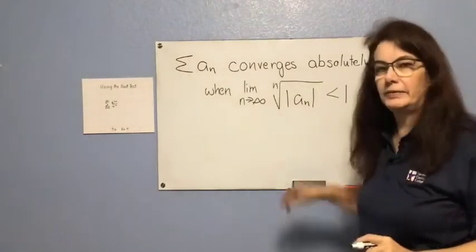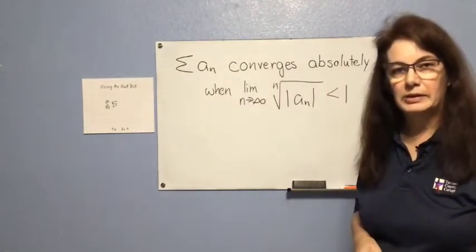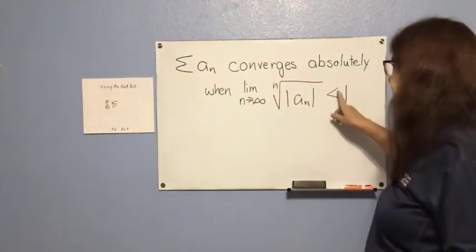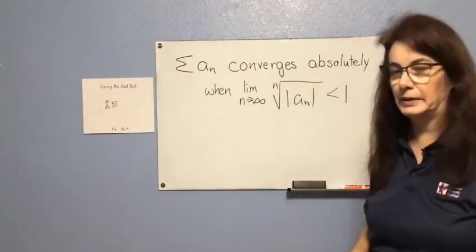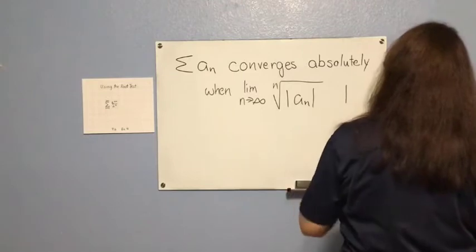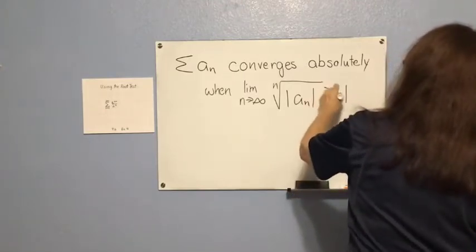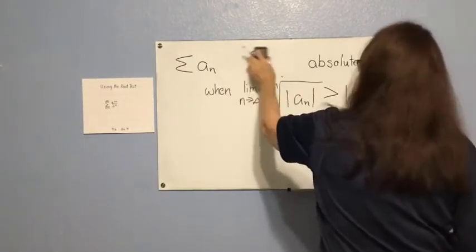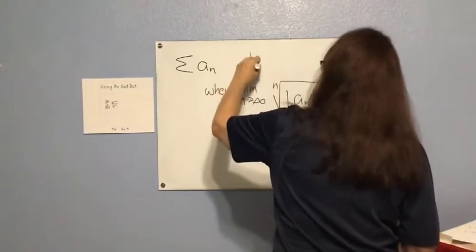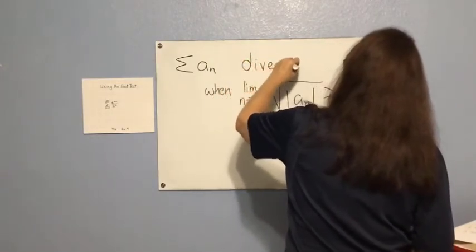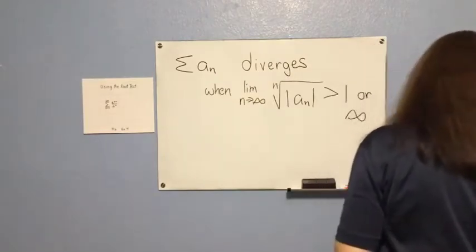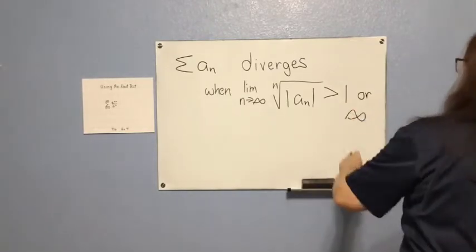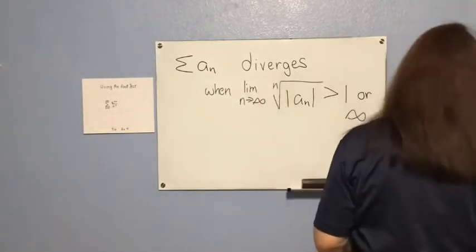Okay? This is very familiar, very similar to what we just did with the ratio test. This part is different, but the result is the same. If it's less than 1, it converges absolutely. If this limit is greater than 1, or it's infinite, then the series diverges, just like it did with the ratio test.